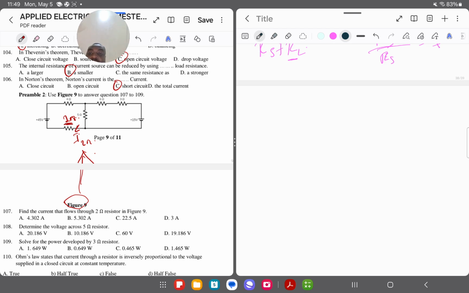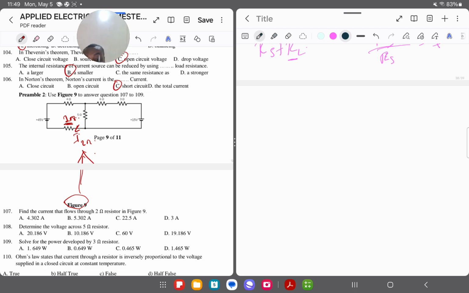You can use nodal analysis here. You can even use mesh analysis, right? Or branch current method. Any of these methods will work, right? Or you can even use Millman method, right? It will work. You can frame it this way.